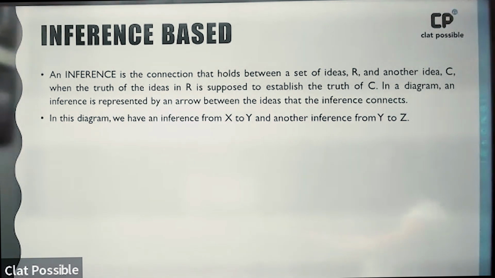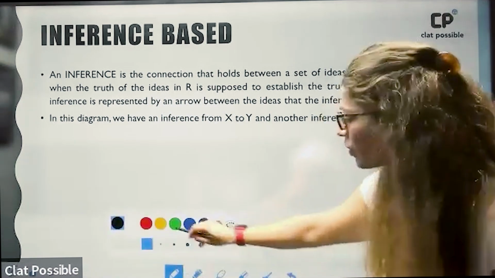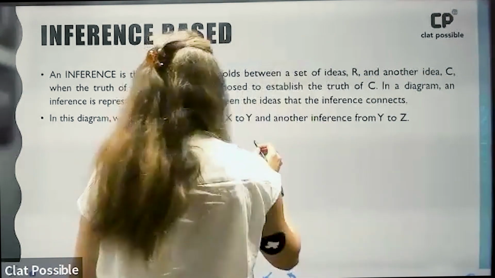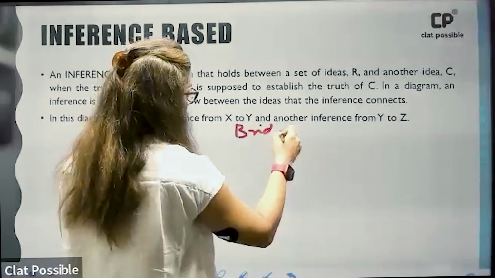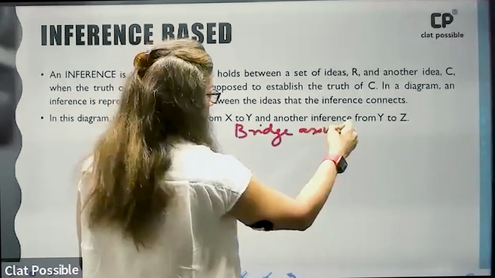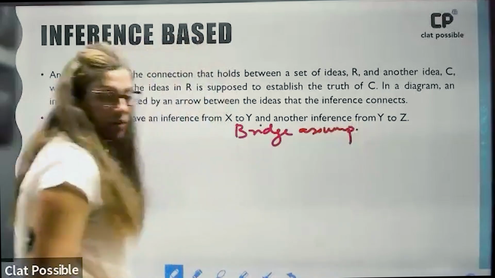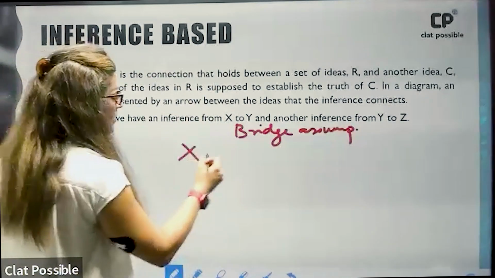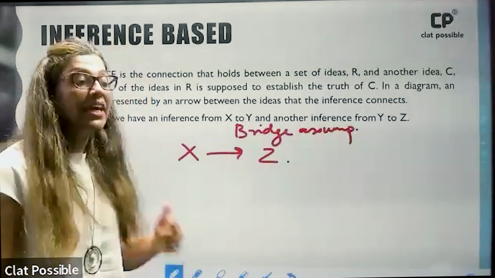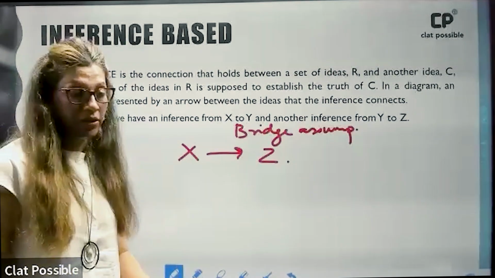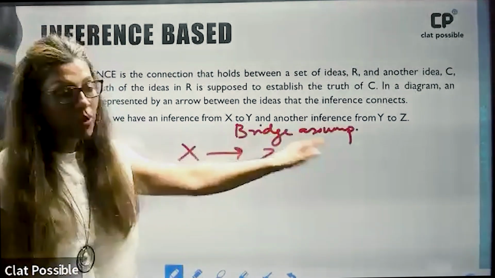This we work with by means of a bridge assumption, if it is not given. So if the argument says X leads to Z, when Y is supposed to be a necessary intermediary conclusion in it, then a bridge assumption question would have arisen.